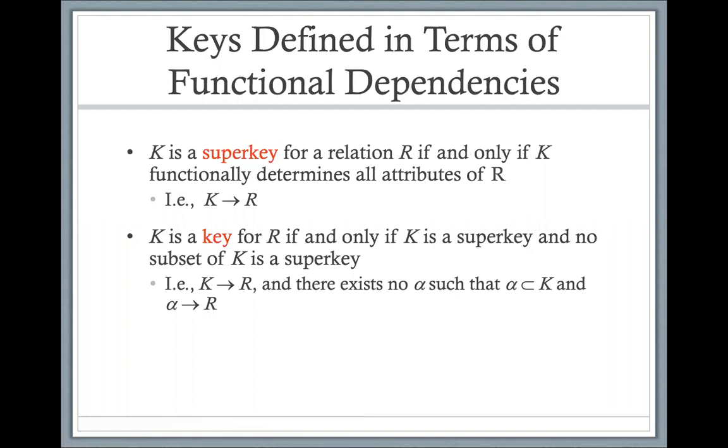So this is what it means that a set of attributes is a key versus a super key. A super key means that it determines all the attributes in R. A key means it's minimal. So you cannot take any attribute out of it and you still have a key. So in other words, no other subset of attributes in this set K is also a key. Okay.